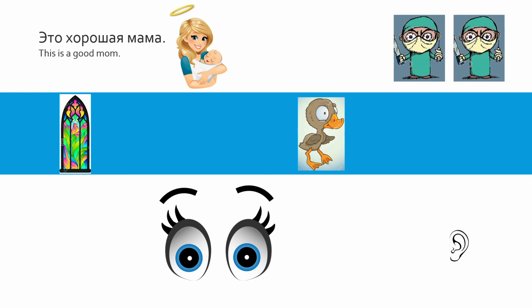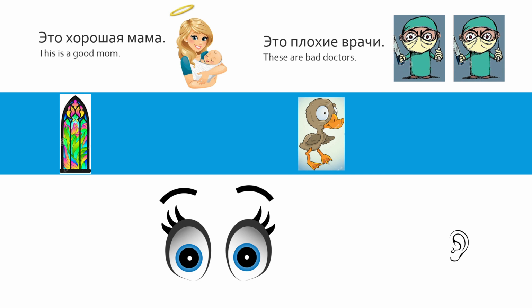Okay, next we've got two evil doctors. How would you say this? Remember, it's plural now, so you need to use the plural form of bad. If you guessed это плохие врачи, you were right. Это плохие врачи.